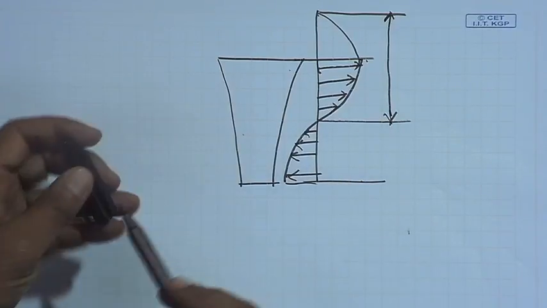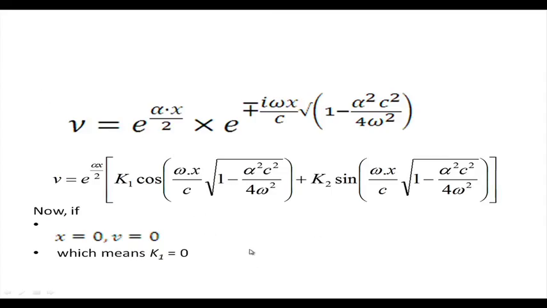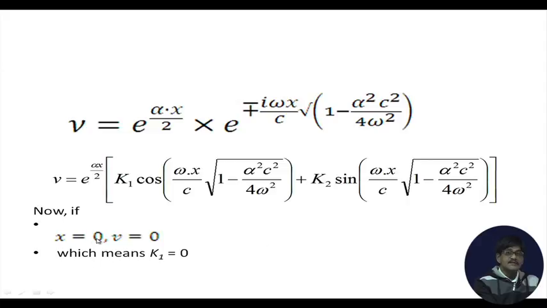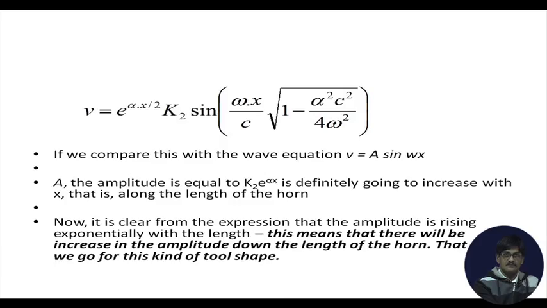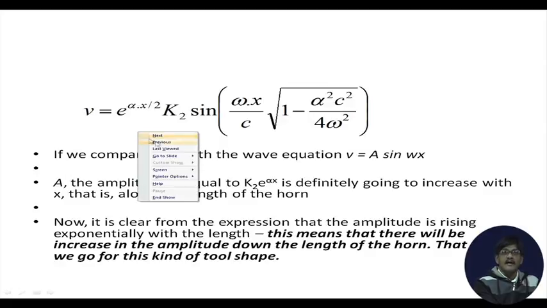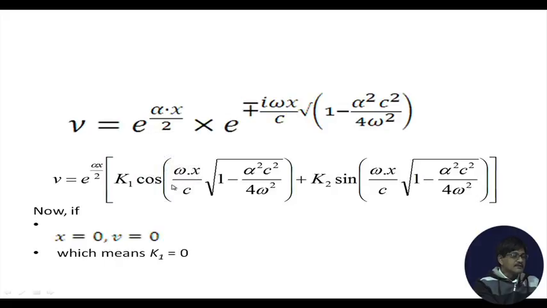So let's proceed. I put x equal to 0, velocity equal to 0. I will put this velocity equal to 0 at 2 successive places. So let's see. If we do that, k1 will come out to be 0. Why?